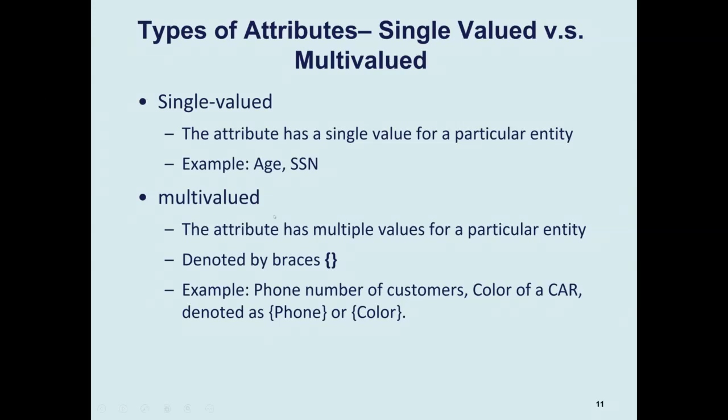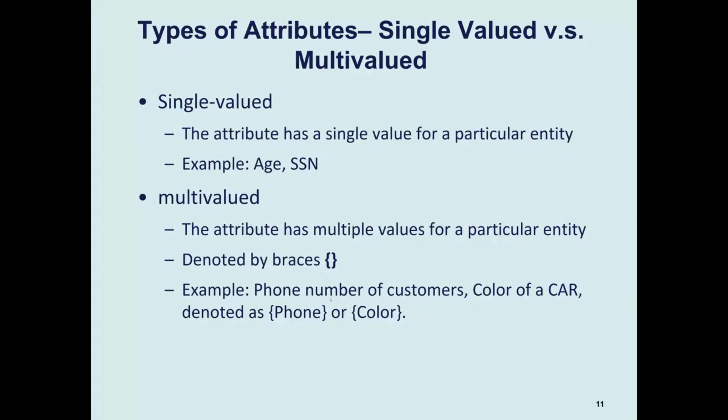A multi-valued attribute means that the attribute can take multiple values for a given entity, and we usually use curly braces to indicate a multi-valued attribute. An example of a multi-valued attribute: if you want to build a customer database, you want to collect a customer's phone number.